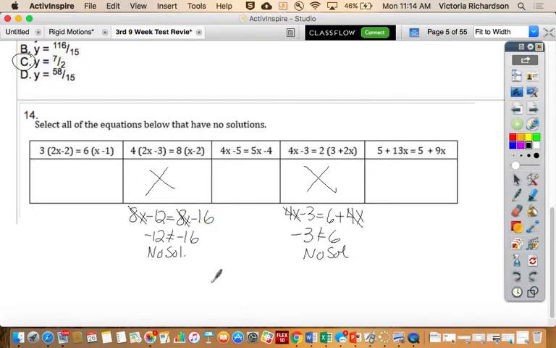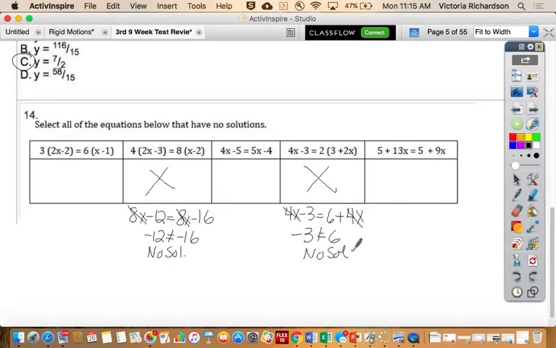Then anytime you have the same thing on both sides, you can just mark through it. If you have an 8x on one side of the equal sign and 8x on the other, if you subtracted, they would cancel each other out. So you would get -12 equals -16, which is not a true statement. -12 is not the same as -16. They're different. So this is not a true statement, which means that's no solution.